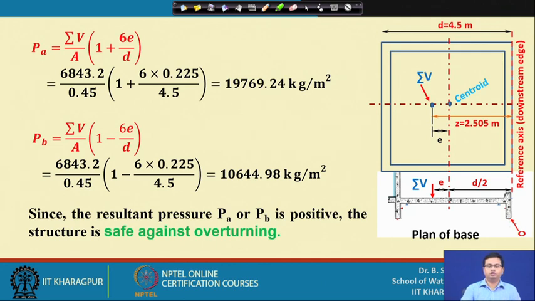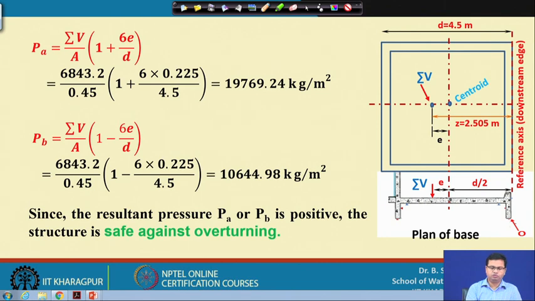Now, we know the formula for the pressure: sigma V divided by A whole into 1 plus minus 6 E divided by D. If you take the plus symbol and put the values, you get P equal to 19769.24 kg per meter square, and for 1 minus 6 E divided by D, you are getting 10,644.98 kg per meter square.